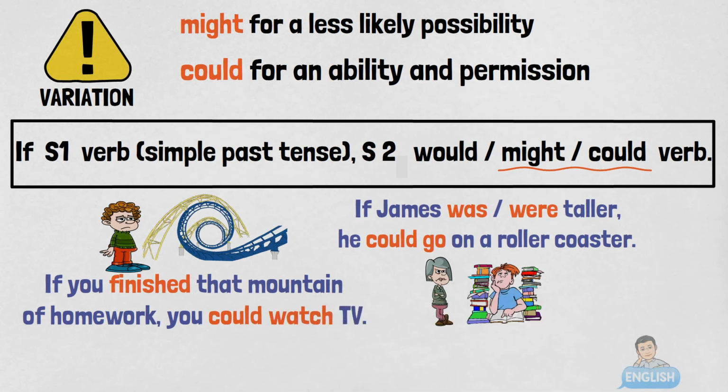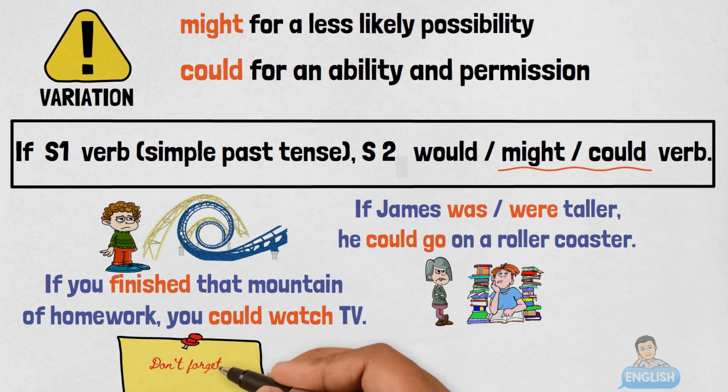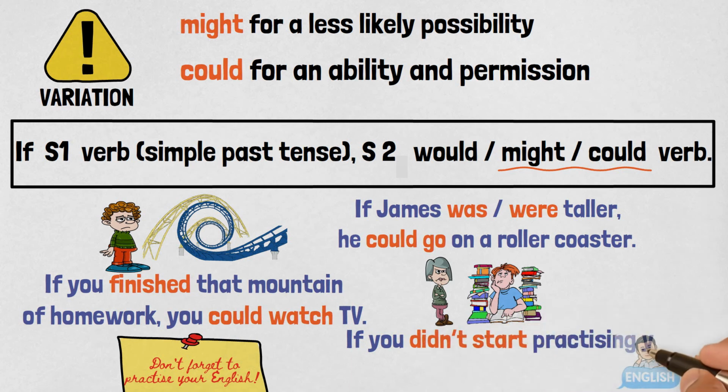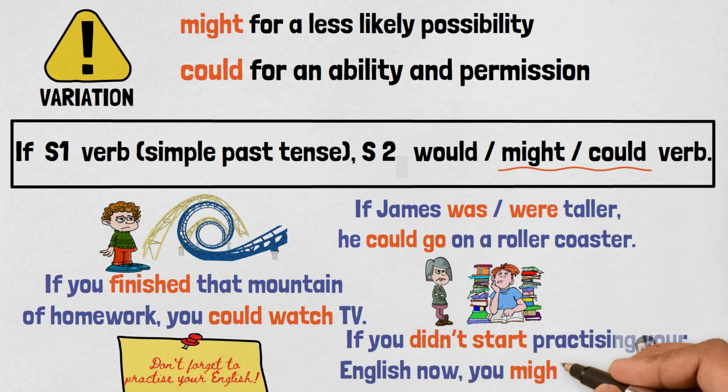It's a permission. And, if you didn't start practicing your English now, you might forget it all. It's a less likely possibility. I'm sure you do it every day, don't you?